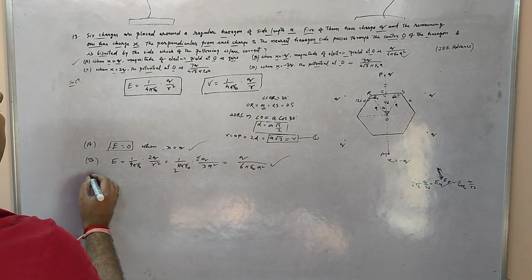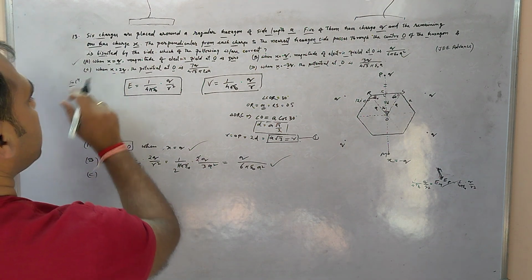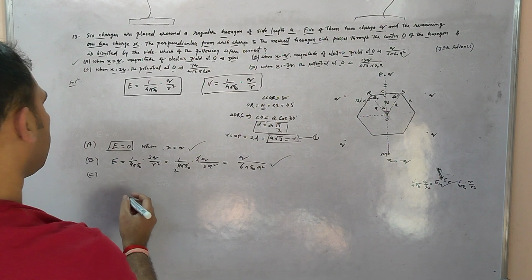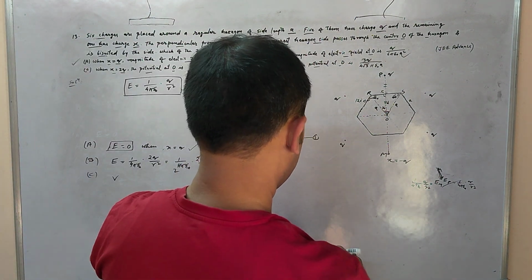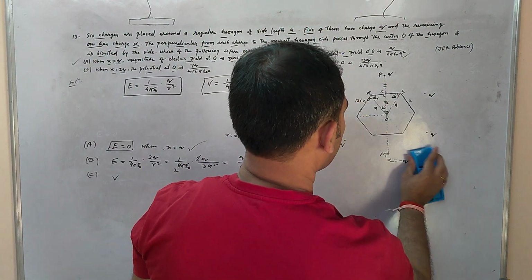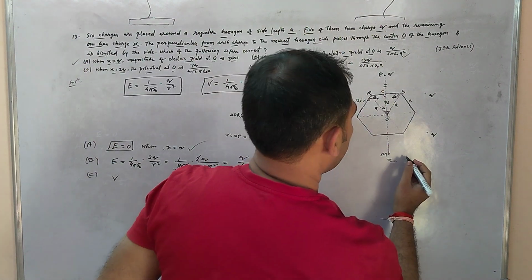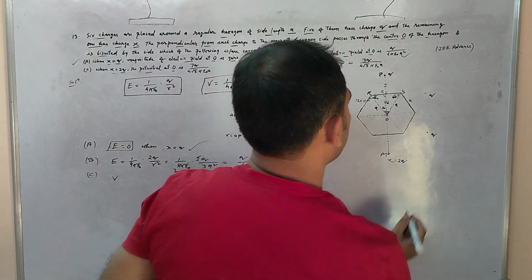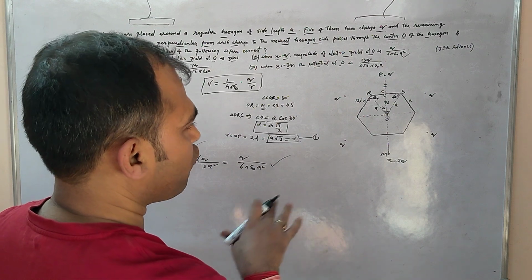Now let us examine statement C. If x is equal to 2q, then what will be the potential? Potential is a scalar quantity.